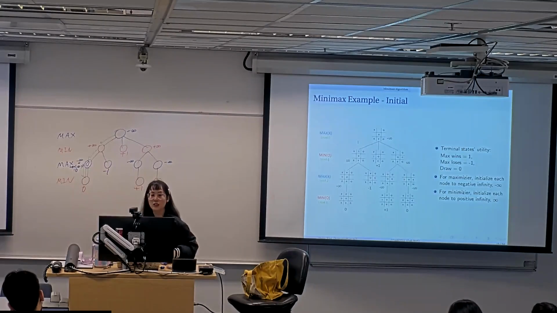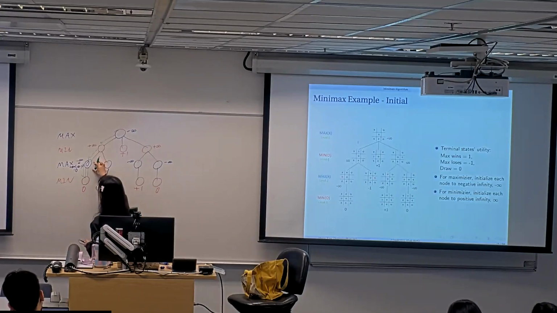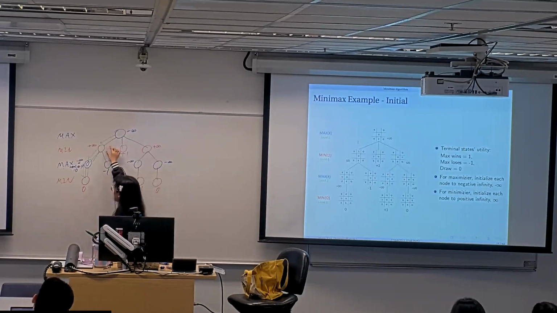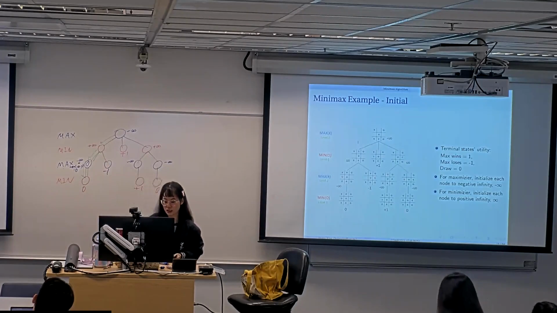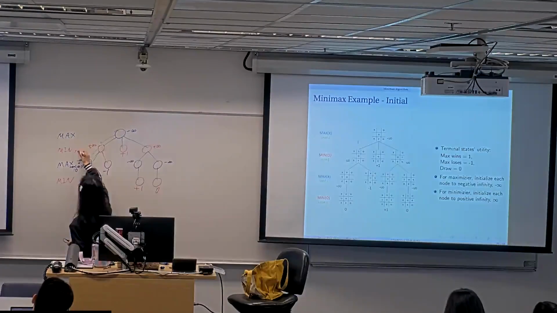All right, we need to continue the depth first search. So we need to backtrack to its parents, to this min node. Now this min node receives a value from its child, which is 0. So it will pass this value back to its parents. This is the min node. Then the min node needs to be updated.